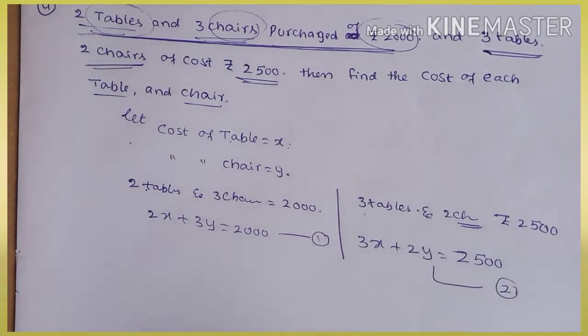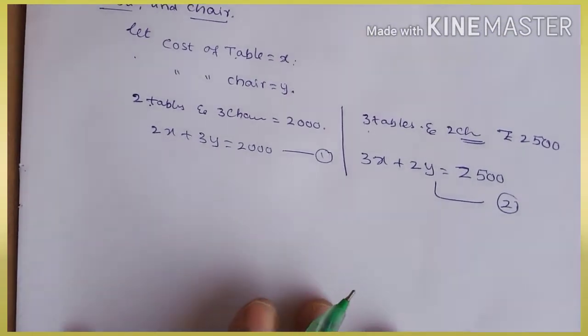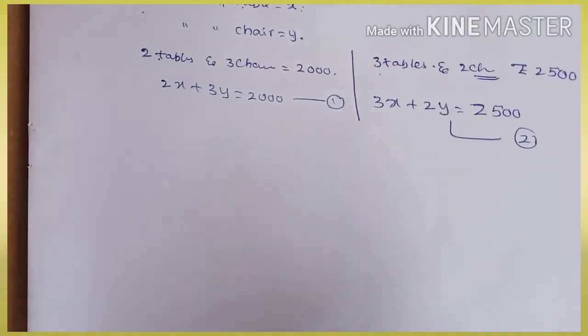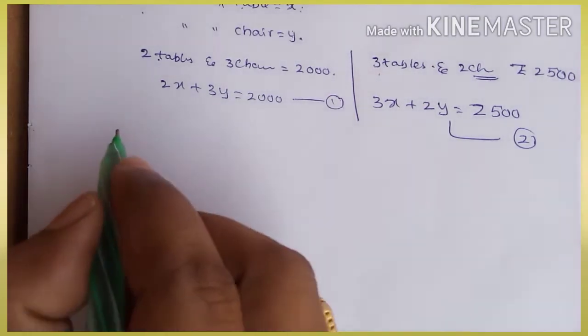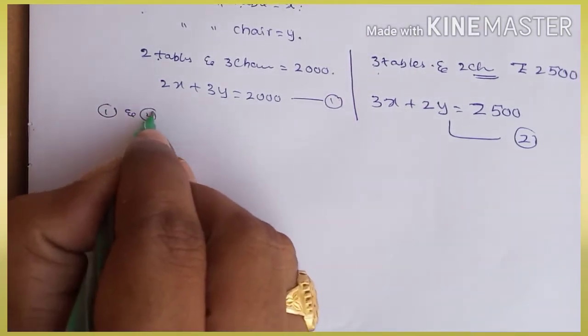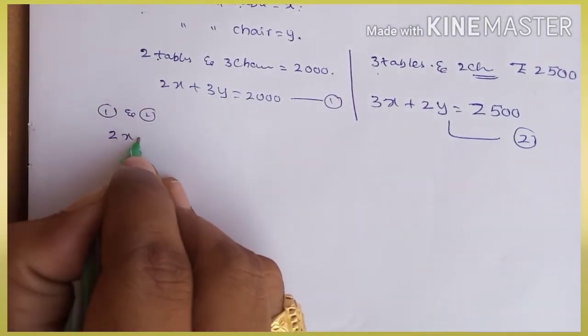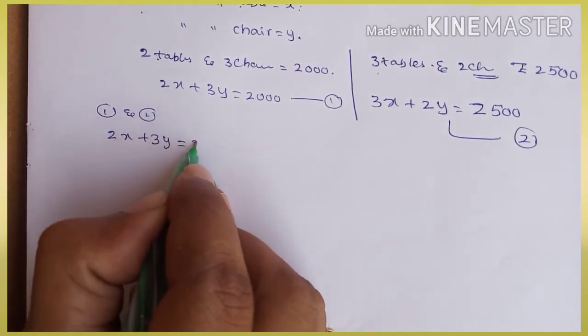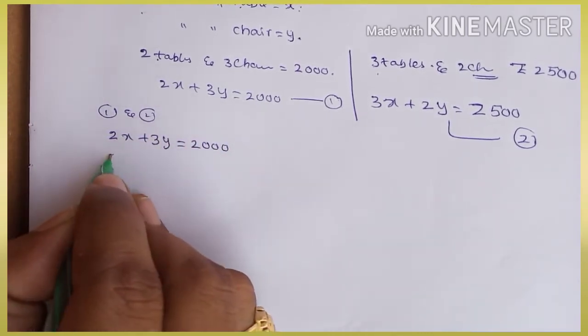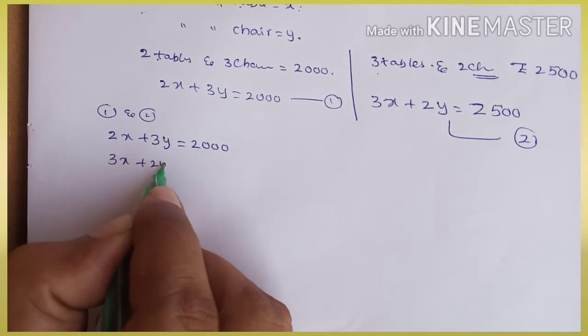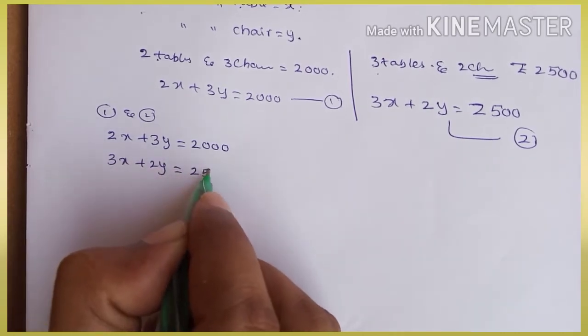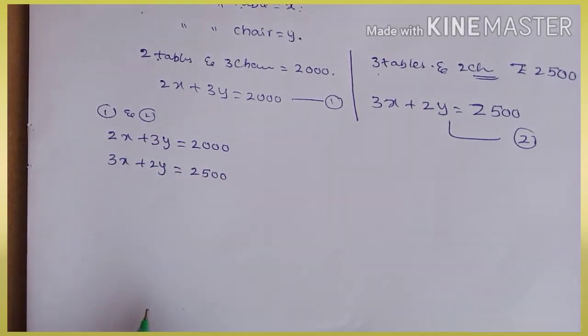This is equation 2. These 2 equations we have to solve by using a convenient method, the elimination method. From equations 1 and 2: 2x plus 3y is equal to 2000. Second one, 3x plus 2y is equal to 2500.